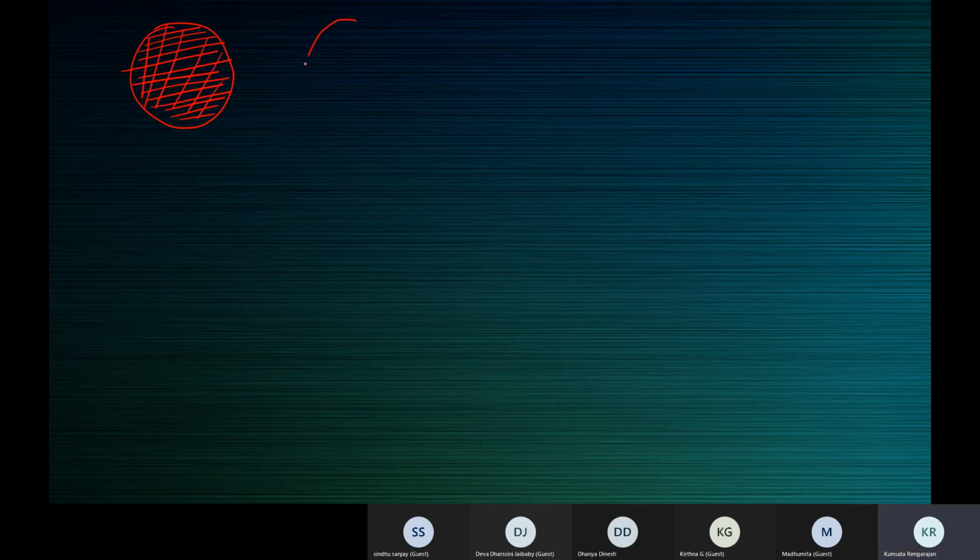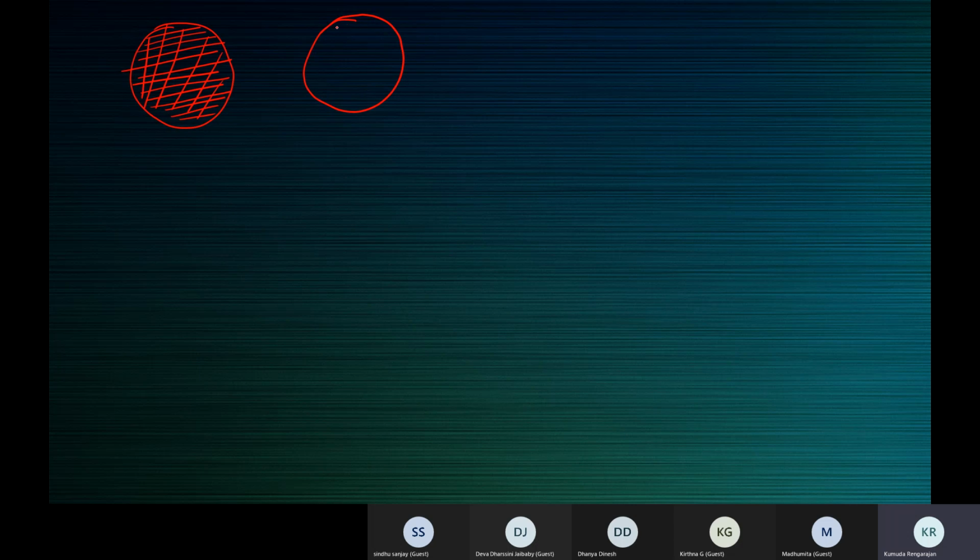Now, Sanjay and Sindhu, what's the formula to find the area of a circle? Actually, this is called the circular region, but we just say circle. Strictly in mathematics, when we say circle, we are only talking about this ring. Only this ring is the circle.